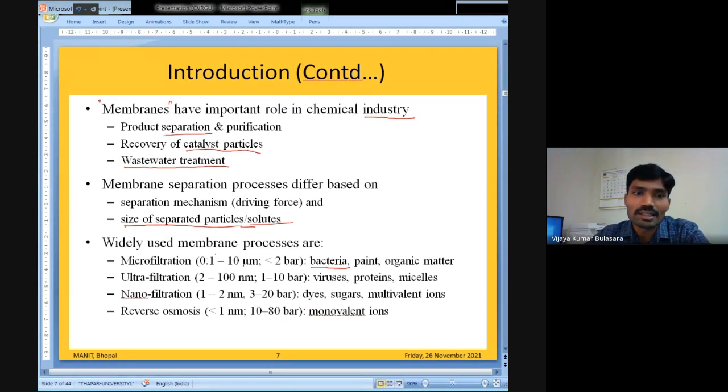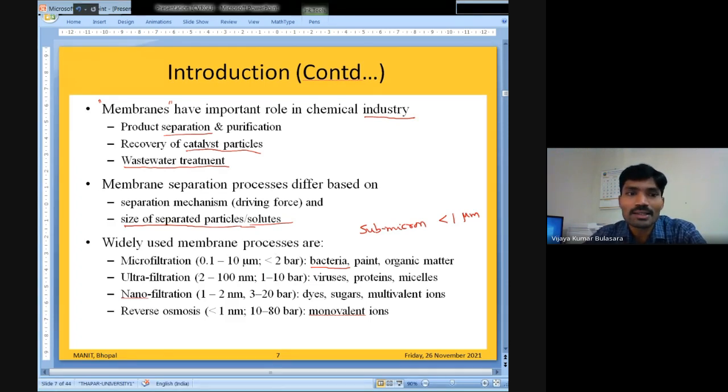However, most microfiltration membrane-based filtrations for industrial applications and wastewater treatment prefer submicron range pores. Submicron means the pore size is less than 1 micrometer. So submicron range membranes are highly preferred for microfiltration applications.